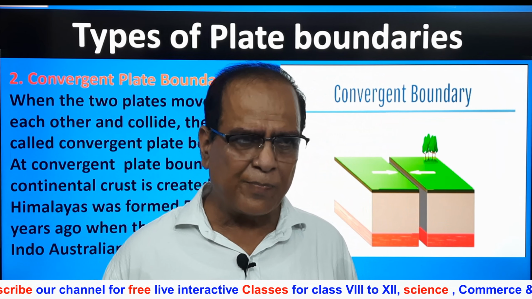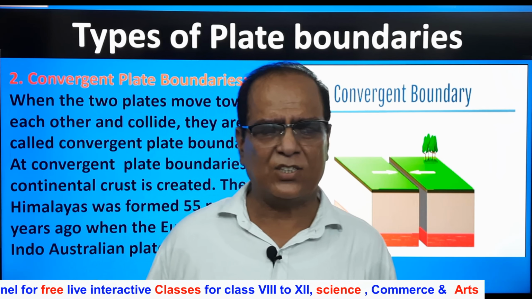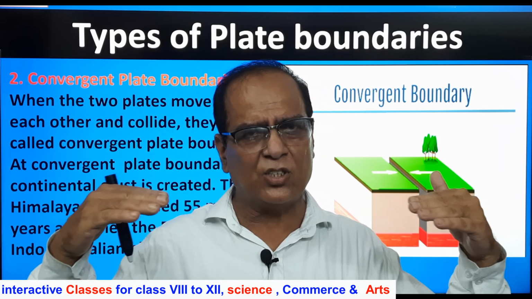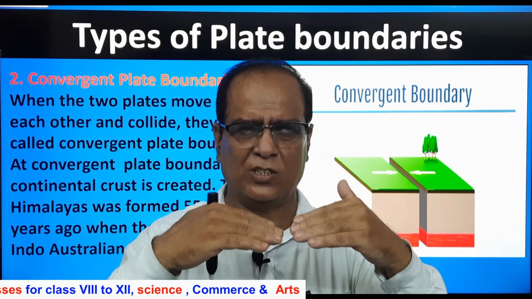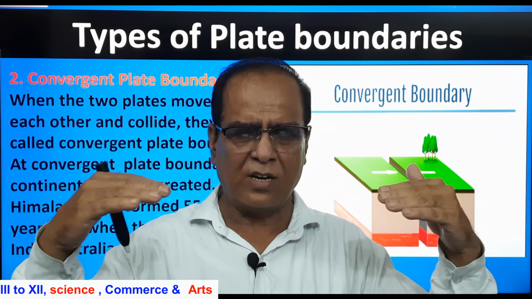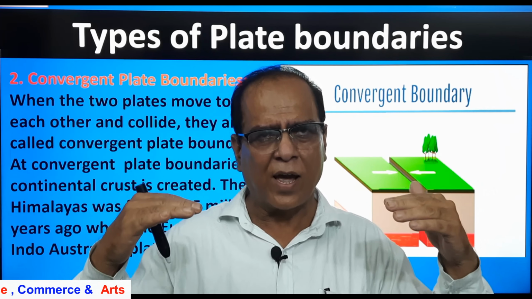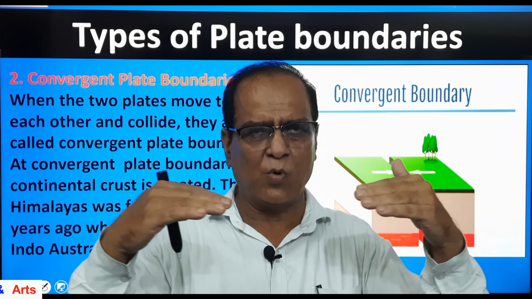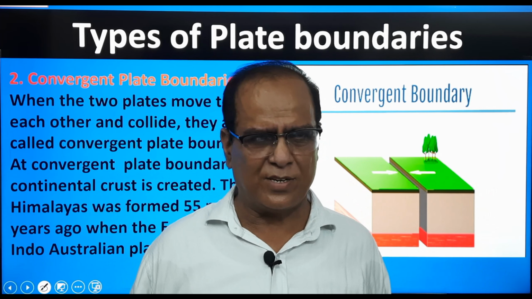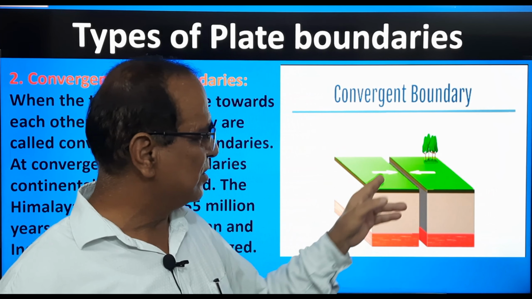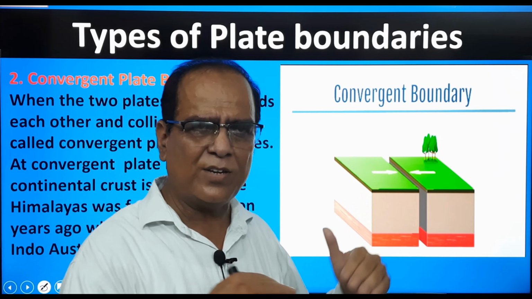Now the next one, that is the convergent plate boundary. Let us see what happens. In this case, plates have a tendency to collide with each other. As I am showing with my hand gestures, you can see they are moving and then they are getting collided.